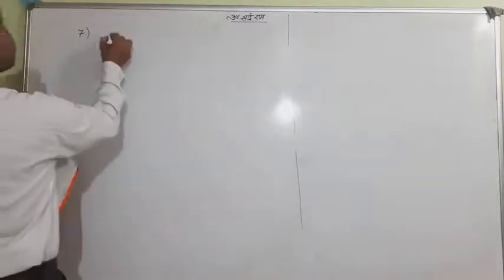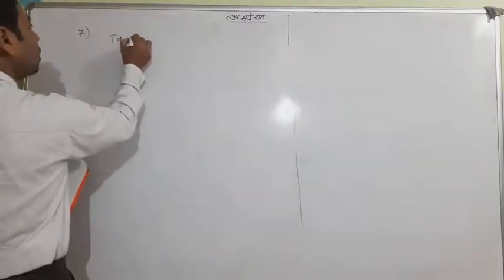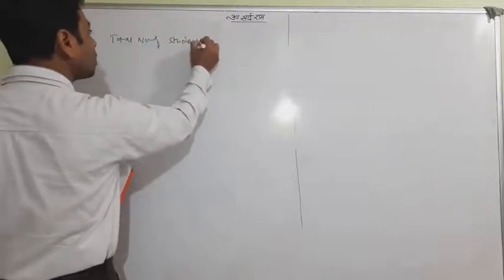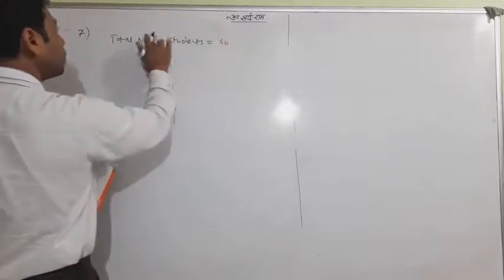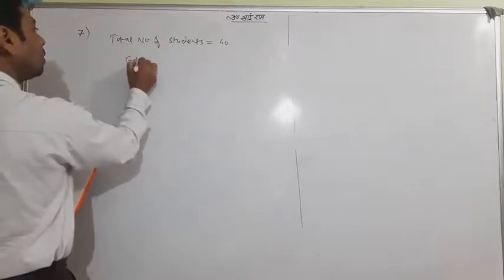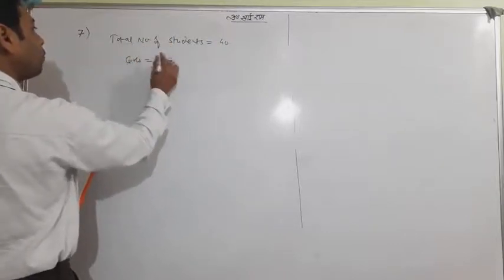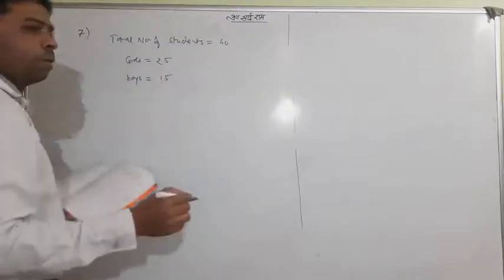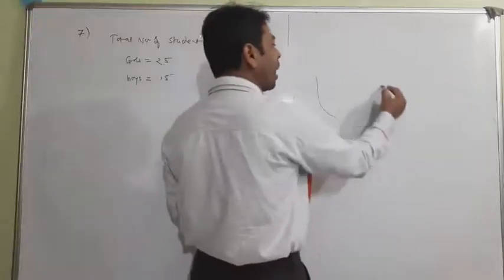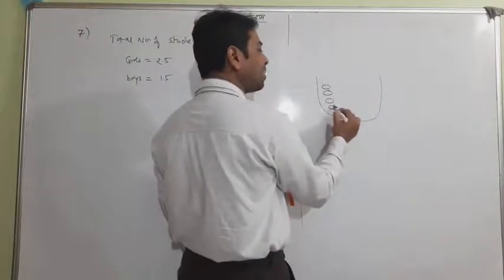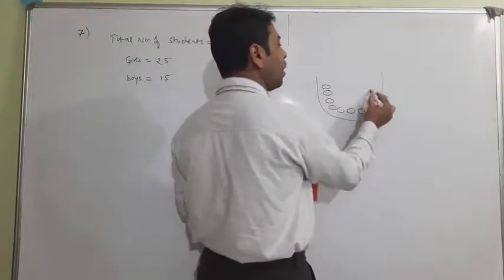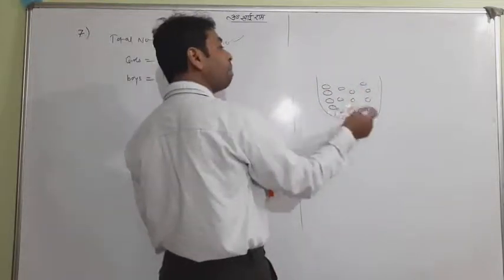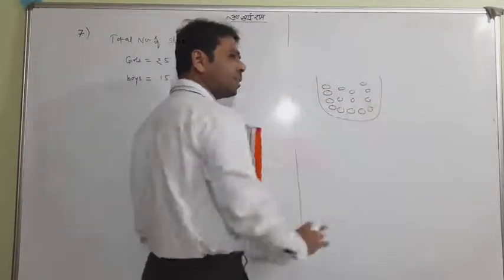Let me speak something. Total number of students is 40, girls are 25 and boys are 15. And this is a very common question. There is a bag with 40 slips on which these 40 students' names are written, and the cards are the same.